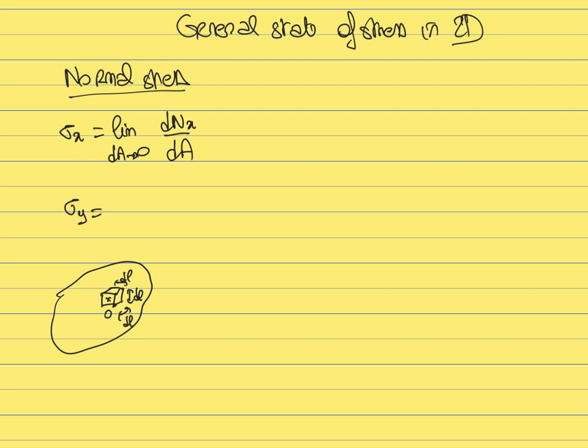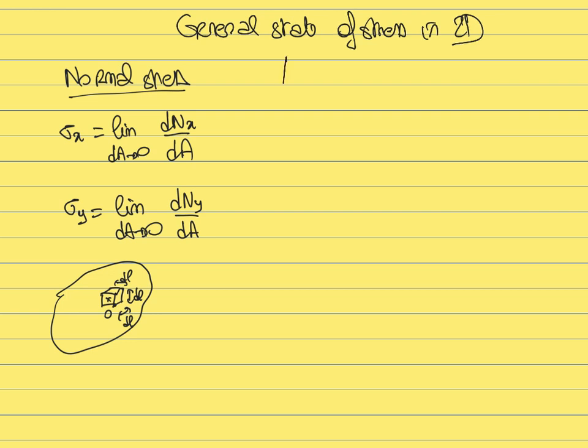We said that there would be two types of normal stress: sigma x, along x, and sigma y, along y. And same thing, sigma y is the ratio of the normal force along y divided by the surface over which this force is applied, and we take the limit where dA becomes very small. So that's the mathematical definition of the normal stress.